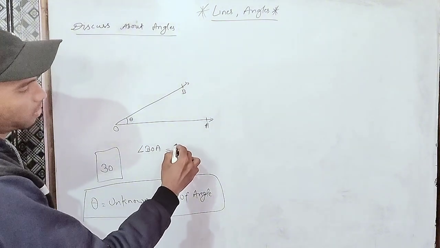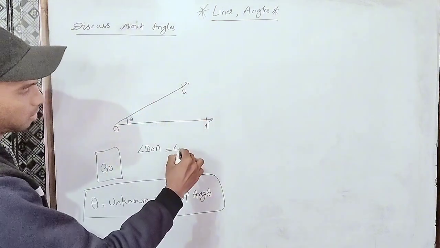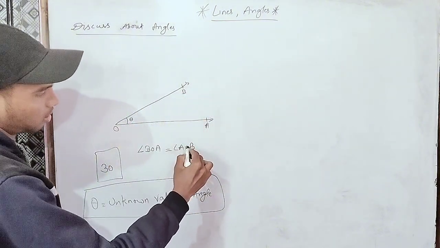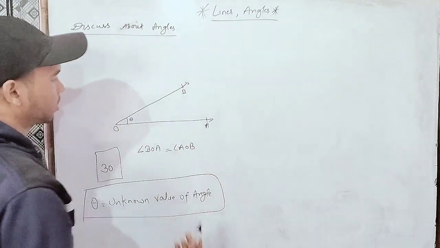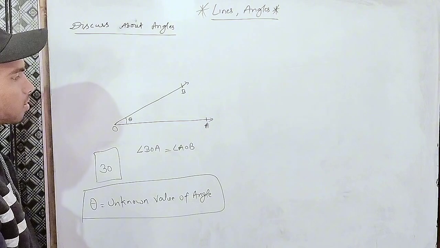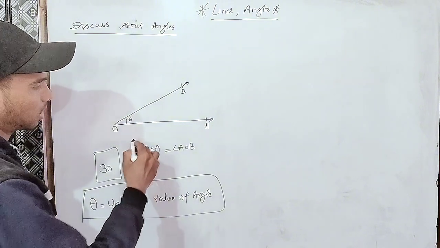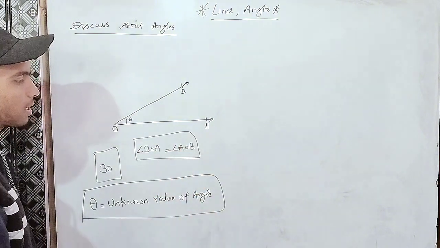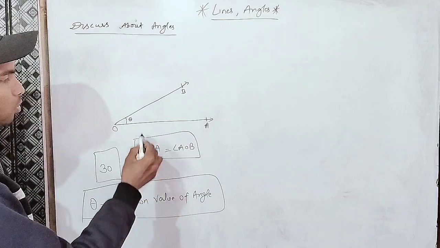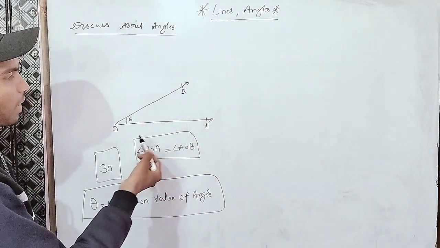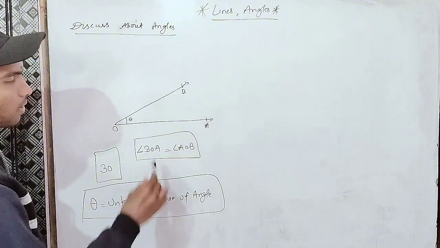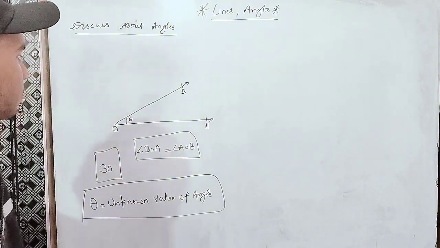You can also say angle AOB. The sense of this is the same. This is the way to represent it in mathematics.